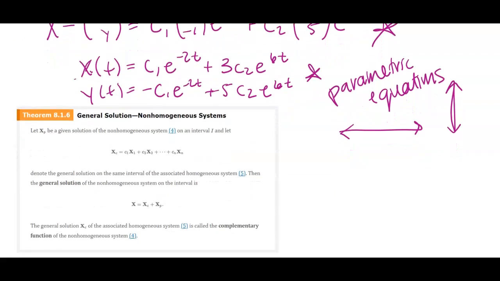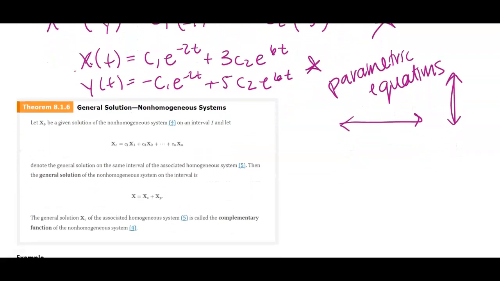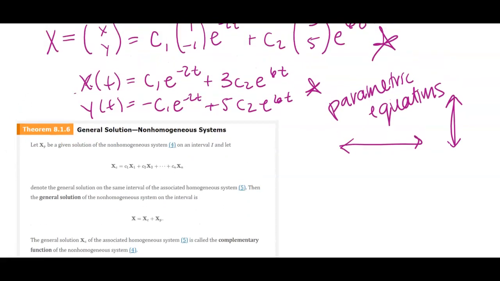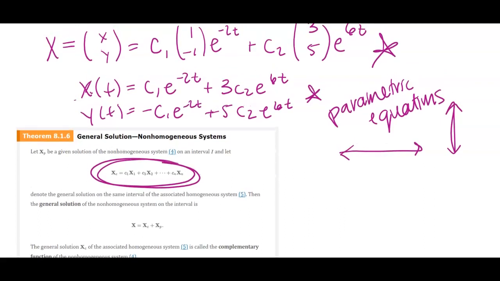All right, so here is our theorem as to what we can do for writing these general solutions. We did that right here: you end up writing your complementary function by taking those constants and multiplying by each one of their solution vectors.